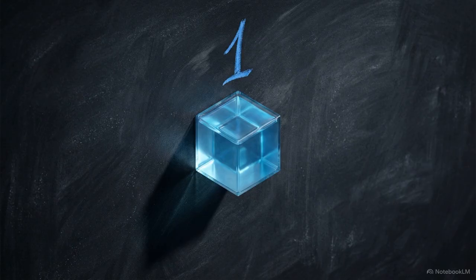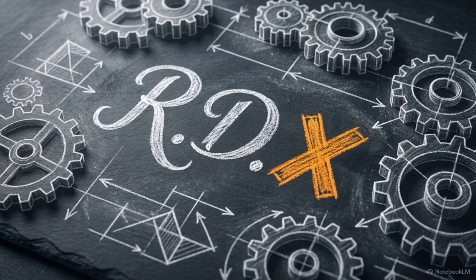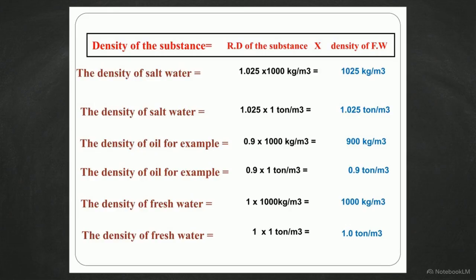Since the density of fresh water is exactly 1 ton per cubic meter, marine engineers get a powerful mathematical shortcut. The relative density acts as a direct, dimensionless multiplier. This table shows how that plays out. Salt water has a relative density of 1.025, which yields exactly 1.025 tons per cubic meter.